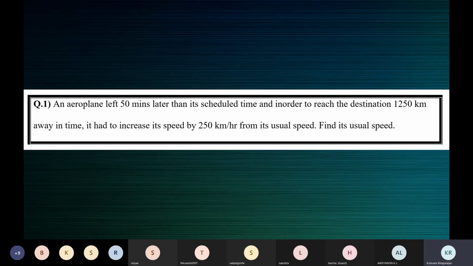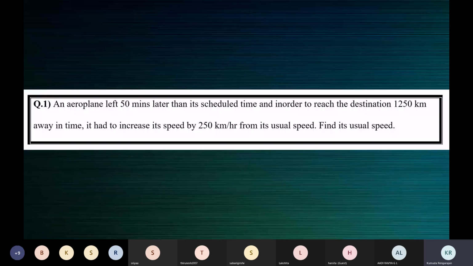Distance by speed, which is 1250 divided by x. What is the unit for time here? Hours.